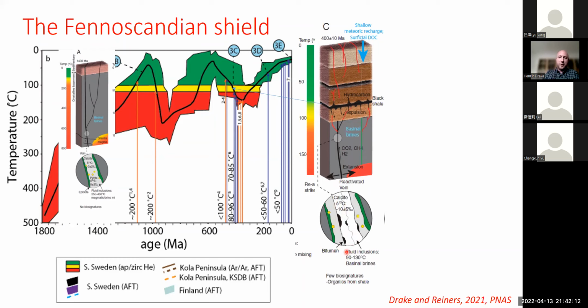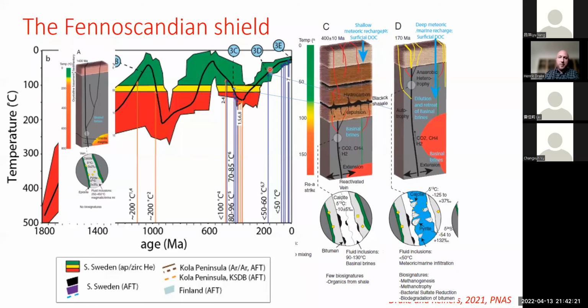But the temperatures were still quite high in brines that are not the best for microbial activity. And it was only when we got here, when the sedimentary cover was starting to be eroded, and we got fresh water coming into the system, that we got these extreme isotope signatures in the vein minerals and fluid inclusions that are below 50.